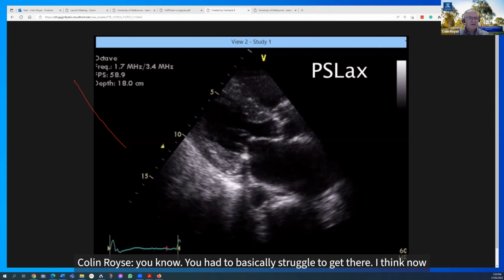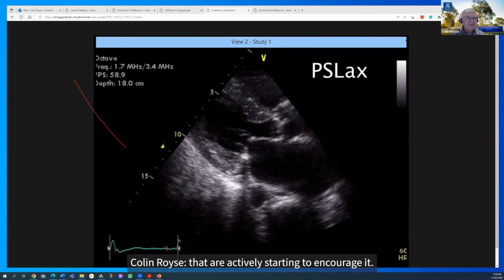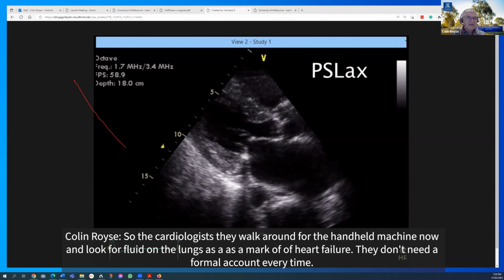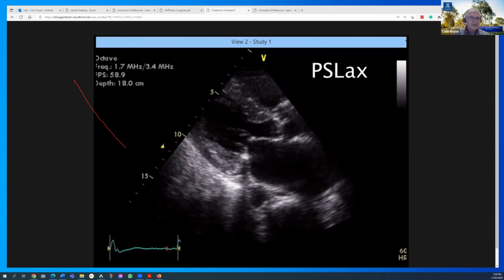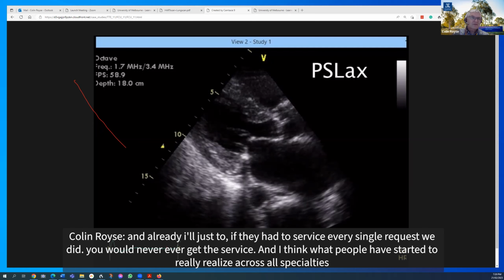I think now most of the other specialties not only realize how important this is, but are actively starting to encourage it. So the cardiologists, they walk around with a handheld machine now and look for fluid on the lungs as a mark of heart failure. They don't need a formal echo every time. And our radiologists too, if they had to service every single request we did, you would never, ever get the service.